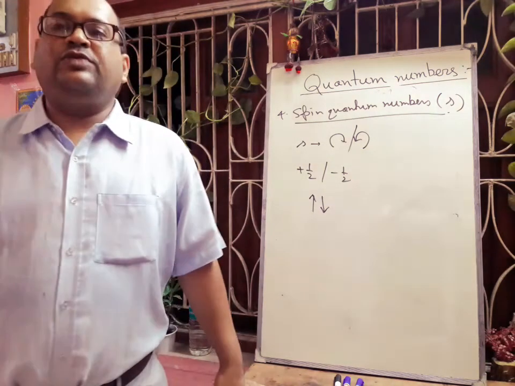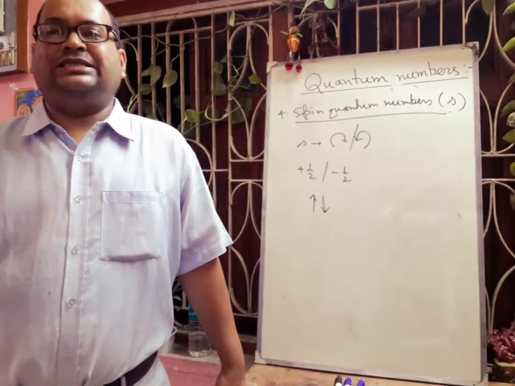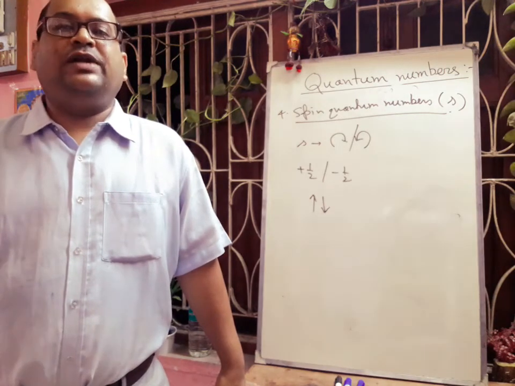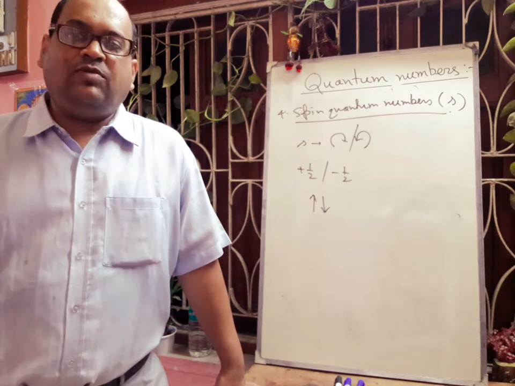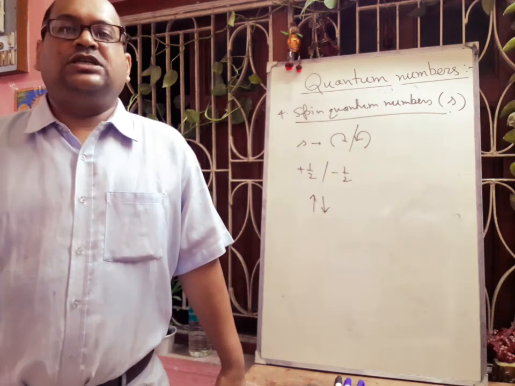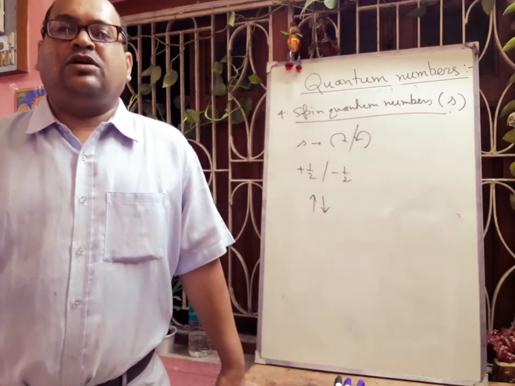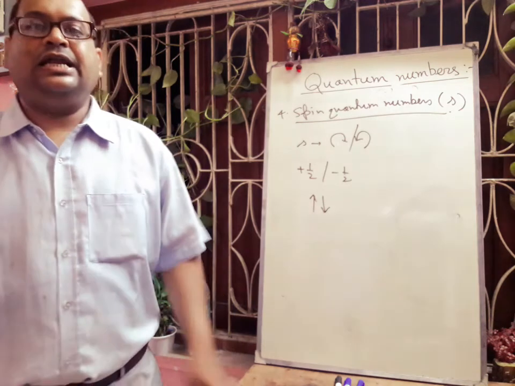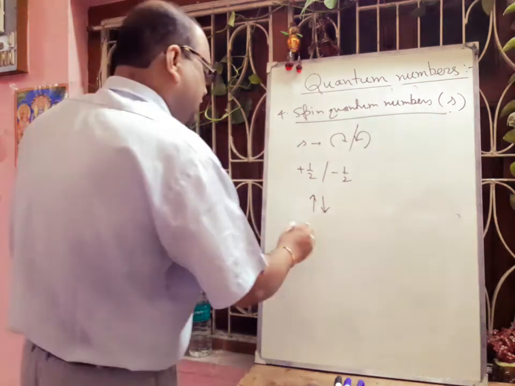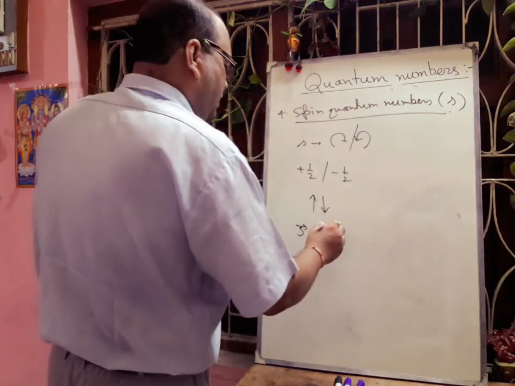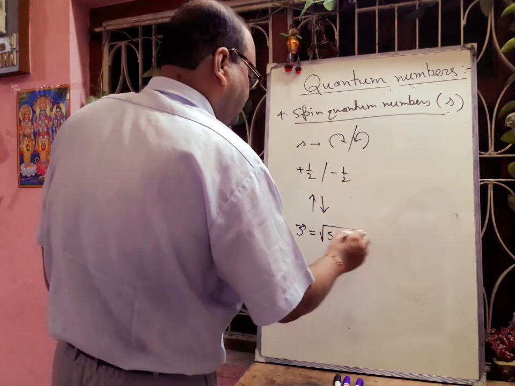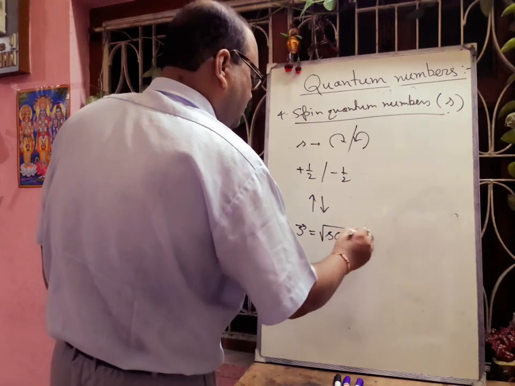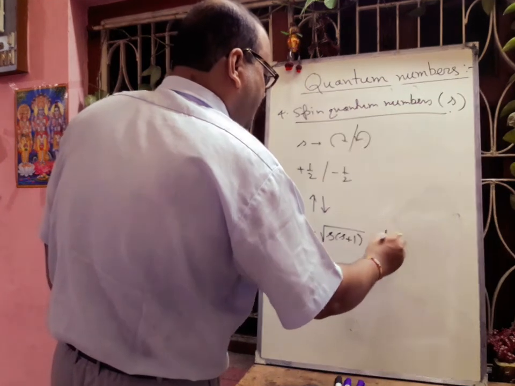An electron, due to its spin around its own axis, has an intrinsic angular momentum called spin angular momentum. Like the orbital angular momentum of an electron, spin angular momentum is also quantized, and its value is equal to root over s into s plus 1 into h by twice pi.